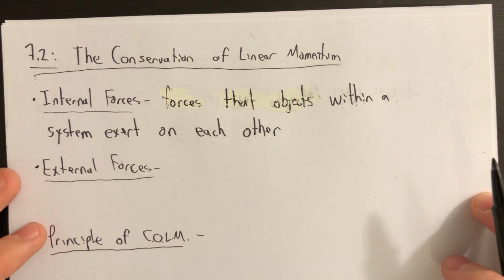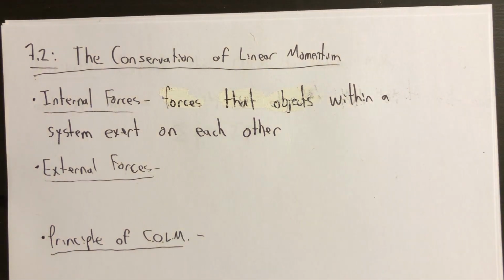So if you're looking at, we're going to look at two train cars later. The two train cars hitting against one another and pushing off of one another, those are internal forces. But if you had somebody else or like an engine pushing on these things, those would be external forces.